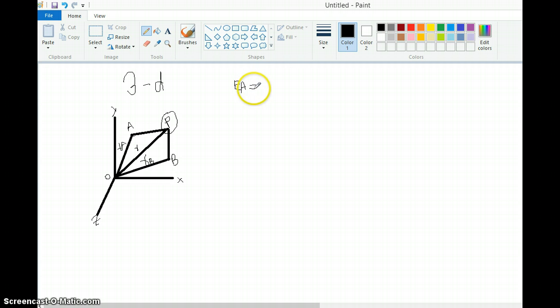equals 1 over 4 pi epsilon naught, the charge on A, let's say that's QA, times. Now I'm going to find this vector AP.